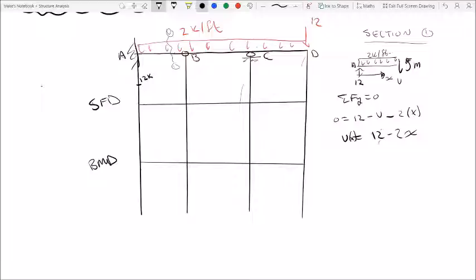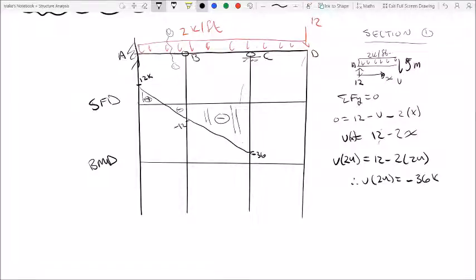So we want to find the shear force at C, which is 24 feet away from our point A. So if we draw our straight line, we have positive shear force, negative shear force, and another negative shear force. Now we know that the support reaction at C was equal to 72, and it's going in the positive up direction.